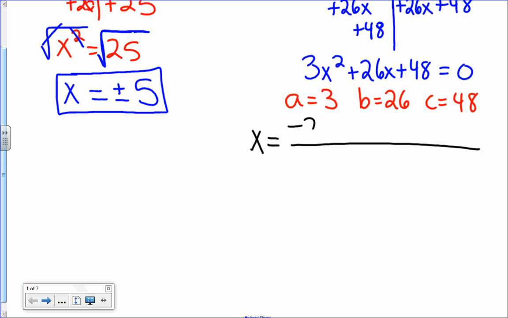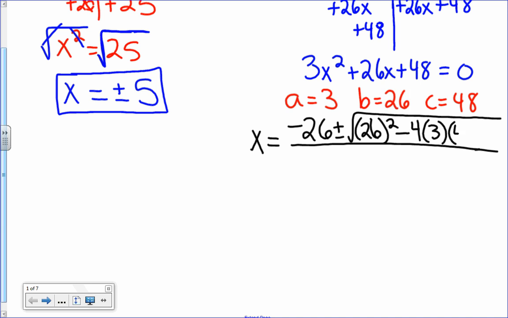The opposite of 26 is negative 26, plus or minus the square root of b squared. Notice I put the 26 in parentheses, minus 4 times a, so I'm going to put the 3 in parentheses, times c, so I'm going to put the 48 in parentheses, all over 2 times a. Again, there goes the 3, which is a, in parentheses.